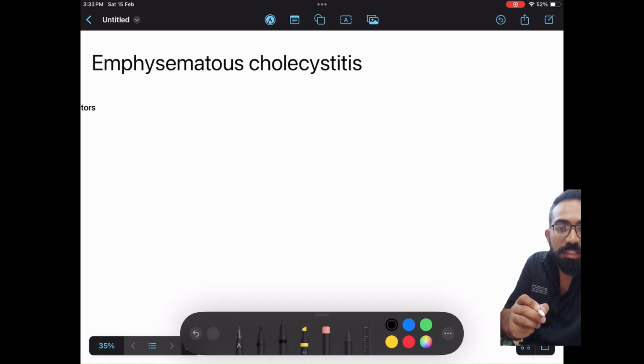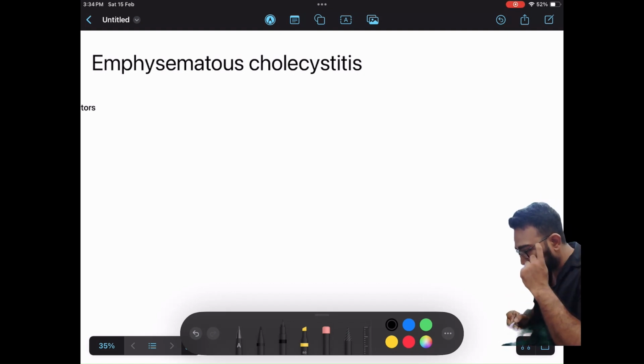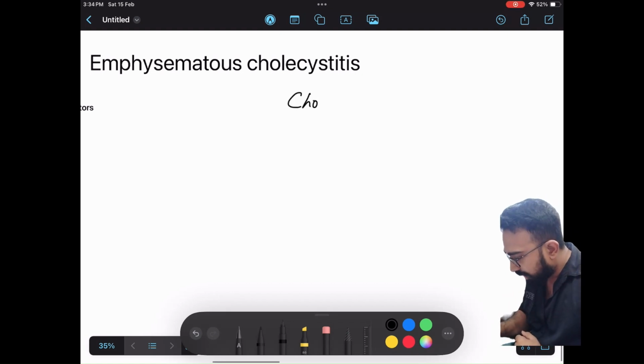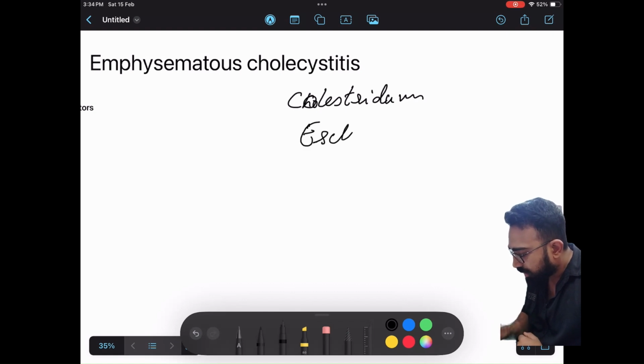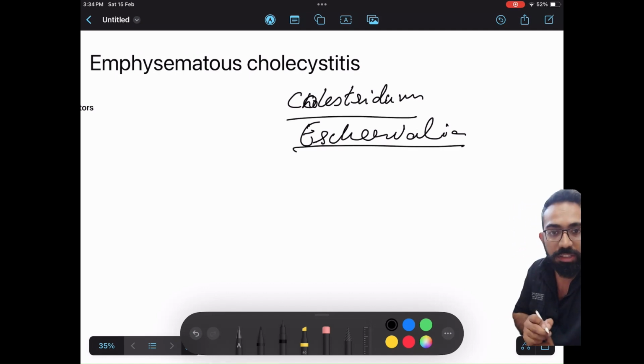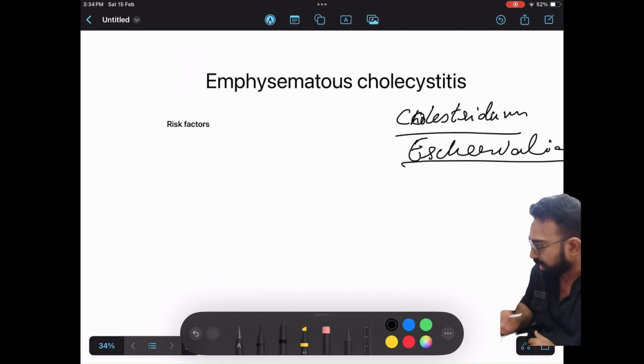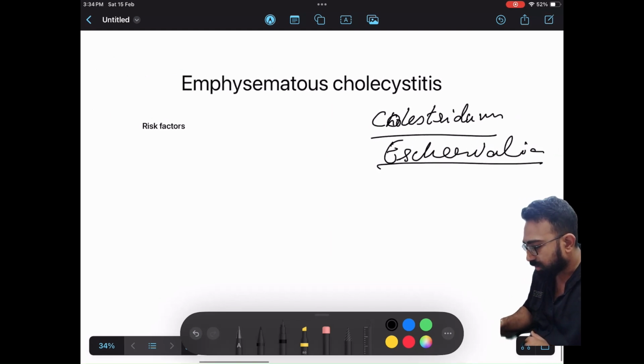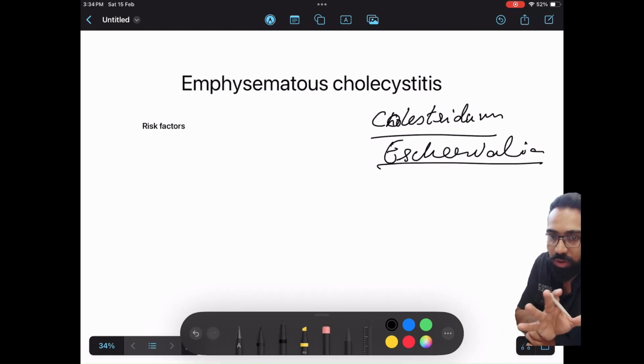There is bacterial invasion of the gallbladder. Once there is bacterial inflammation of the gallbladder, there are some bacteria, Clostridium and Escherichia coli, E. coli. These are gas-forming bacteria which lead to this, but it does not affect all individuals.